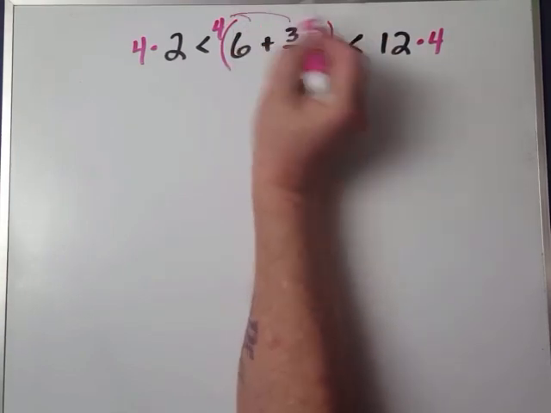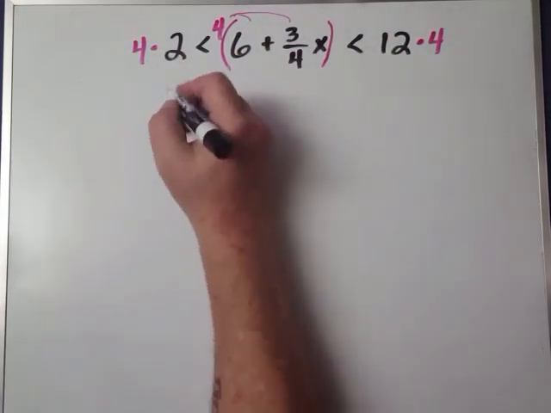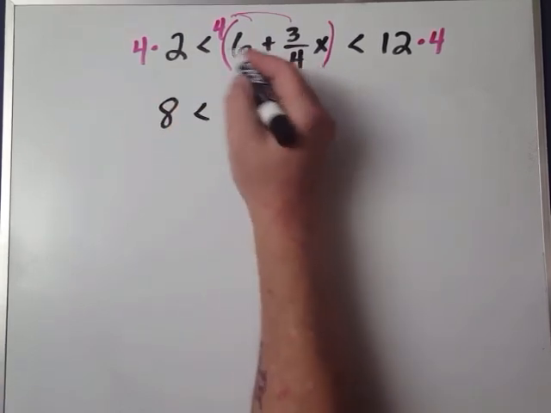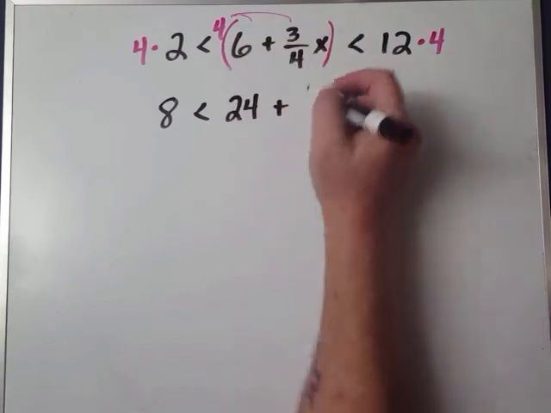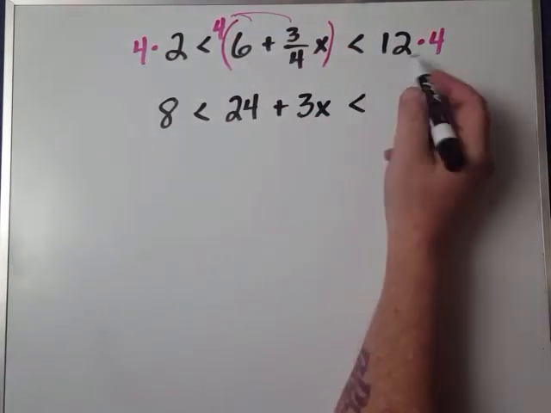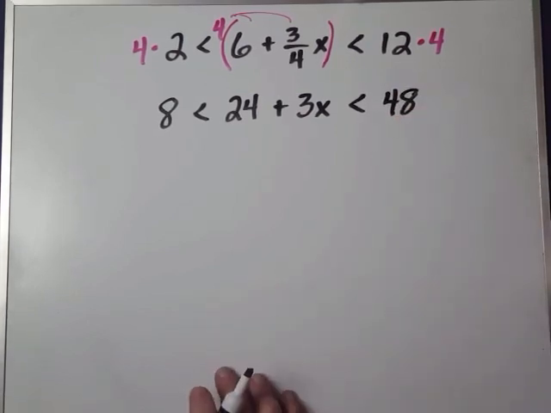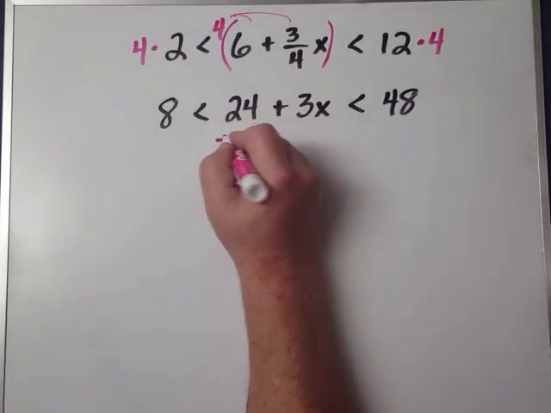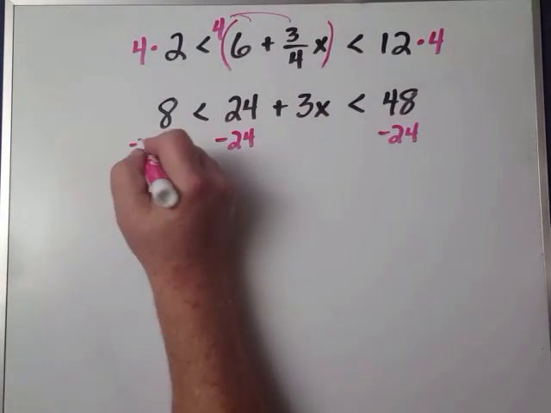In the middle, I'll have to distribute. So that's going to give me 8 is less than, distributing this 4, 24 plus, those 4's cancel, 3x, and is less than, that's going to give me 48. Let's get x by itself. Subtract 24. All three parts.